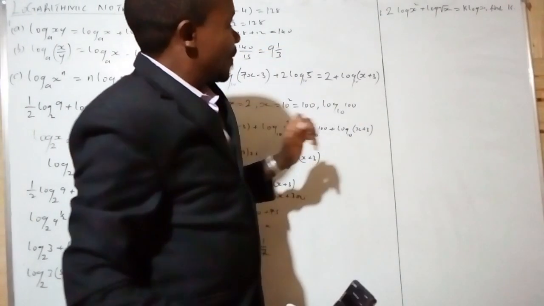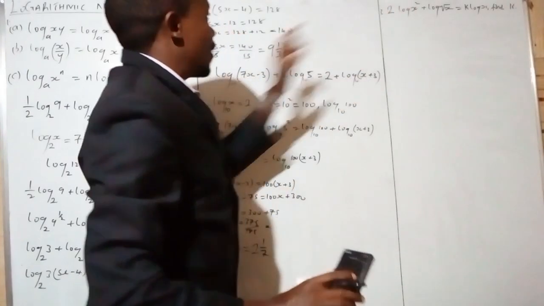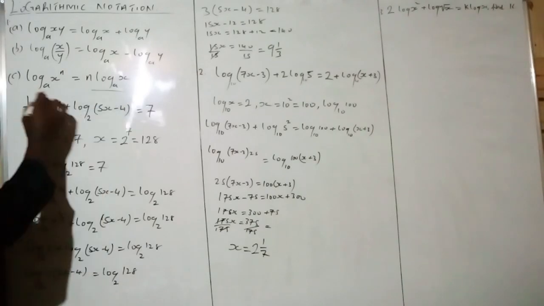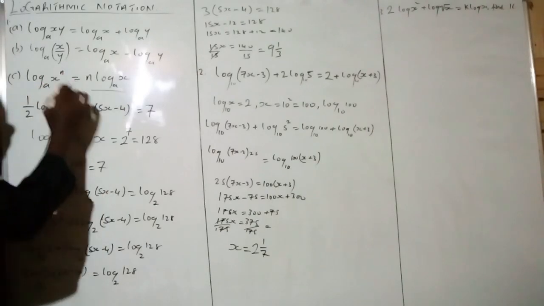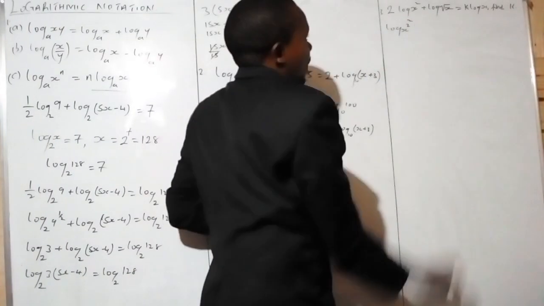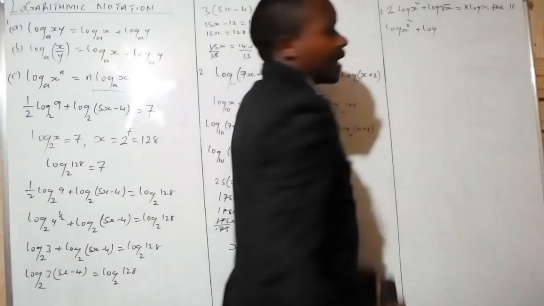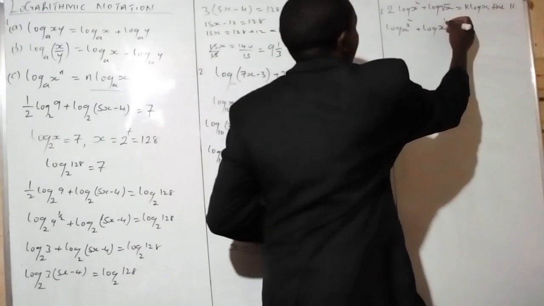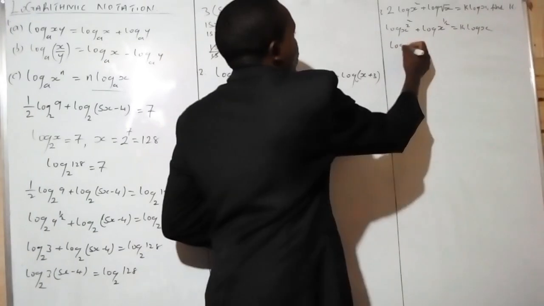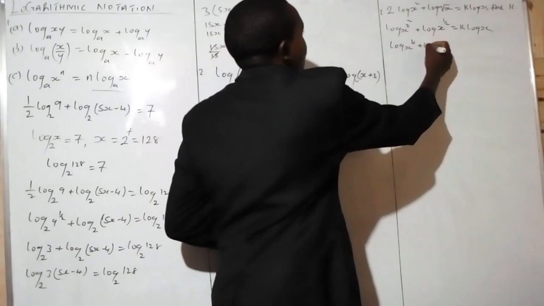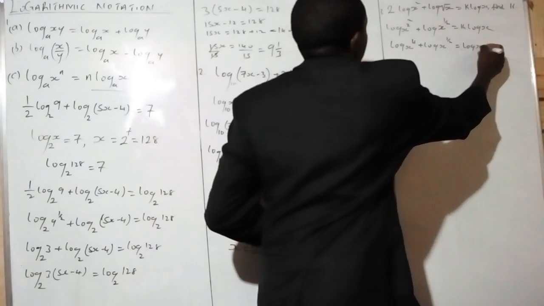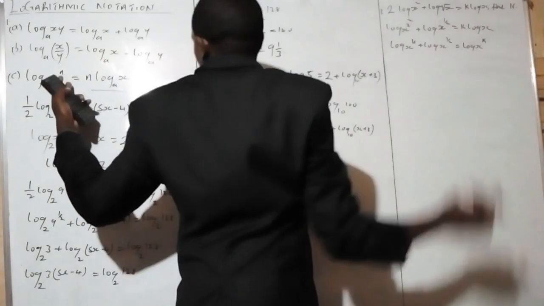2 log x squared plus log root x is equal to k log x. The first one, 2 log x squared, is written in the form of the third law of logarithm, so we can convert it to log x to the power n, and we are going to have log x to the power 4, plus log root x, which is the same as x raised to the power half, is equal to log x raised to the power k, because this was written in the form of the third law of logarithm.